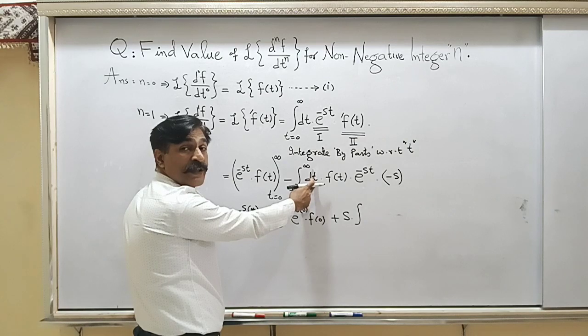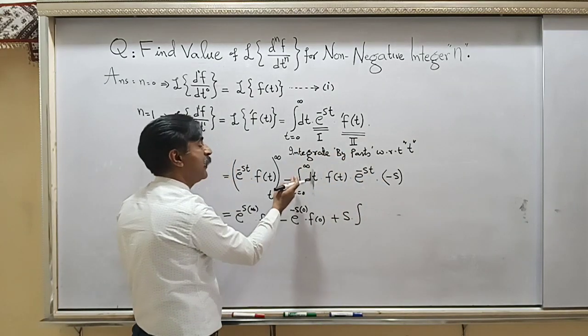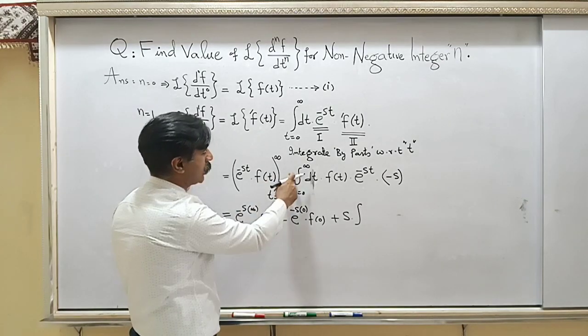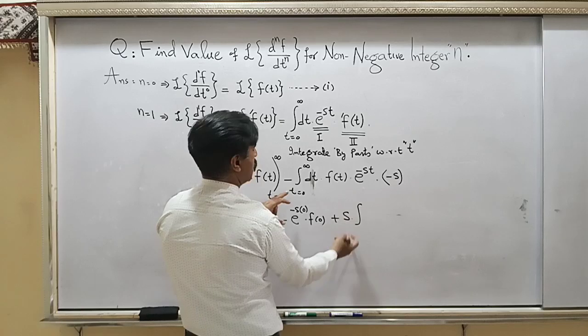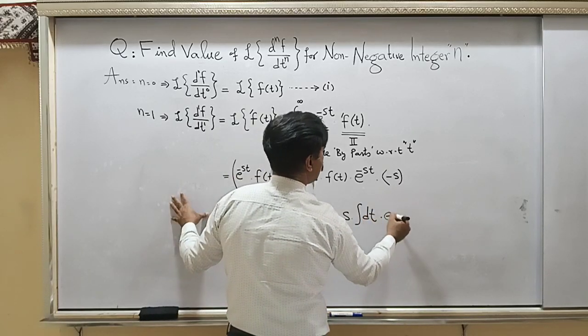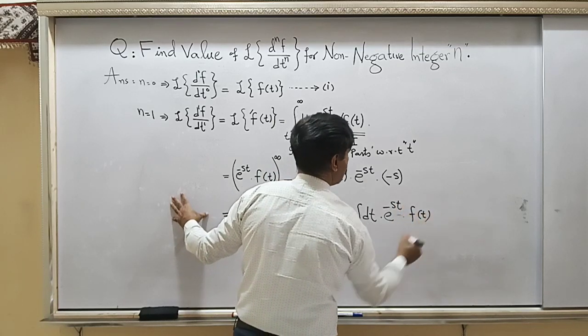T is the variable of integration, and other than t everything is constant and can be taken in front of the integral sign, meaning on the left of the integral sign. So it is s outside the integral sign, you can say also, integral of e to the power minus st into f of t.